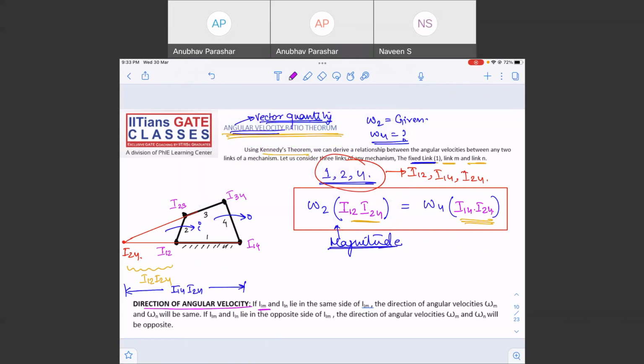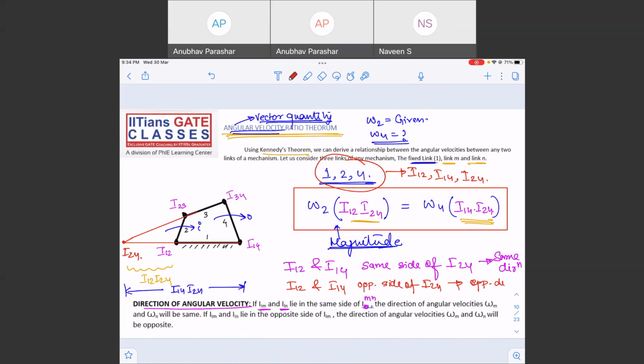If I12 and I14 are on the same side of I24, then the direction of angular velocity will be the same. If I12 and I14 are on opposite sides of I24, then the direction will be opposite, right?